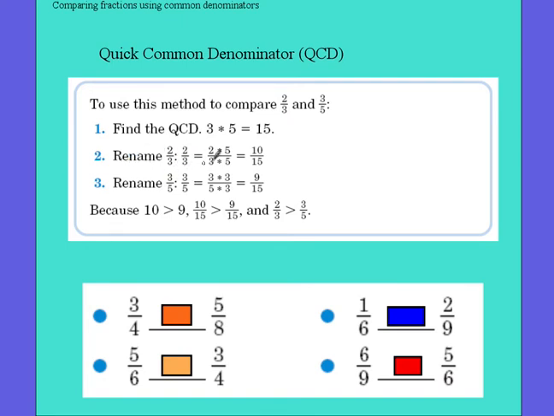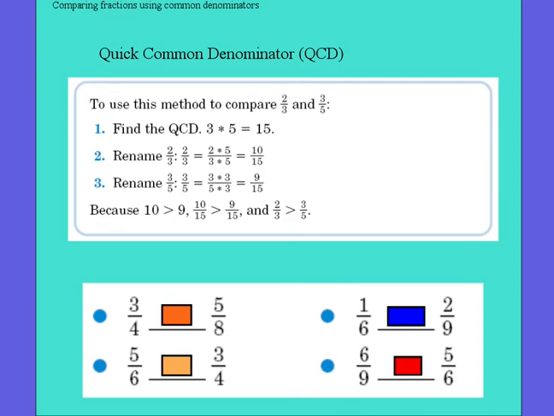How did I go from 2/3 to 15ths? 3 times 5 is 15ths, so you have to do that to your numerator. 2 times 5 is 10. Do the same thing for the second fraction, and you can easily compare, since now we have the same denominator. We have 10 versus 9, and we know that 10 is greater than 9.